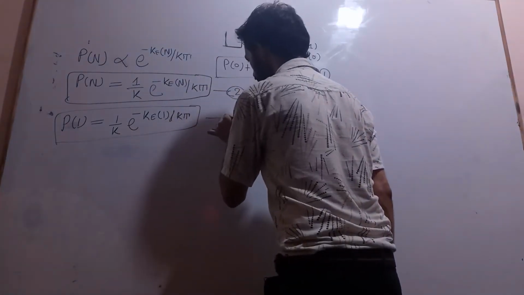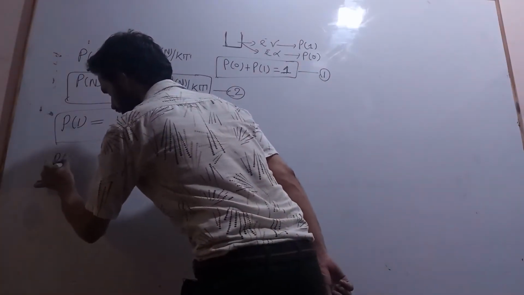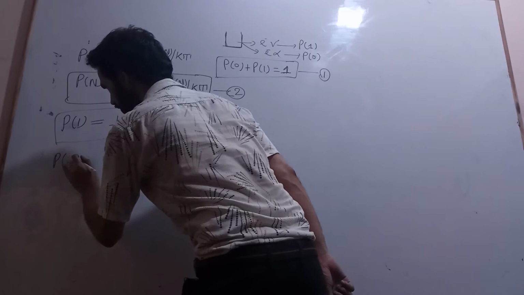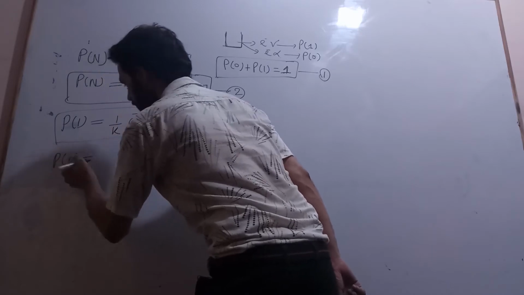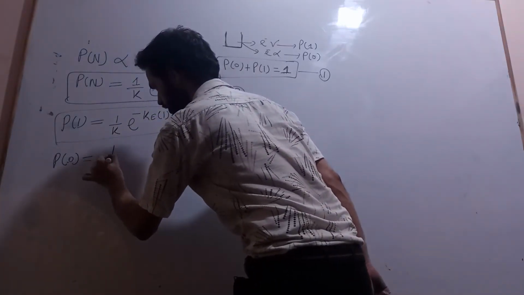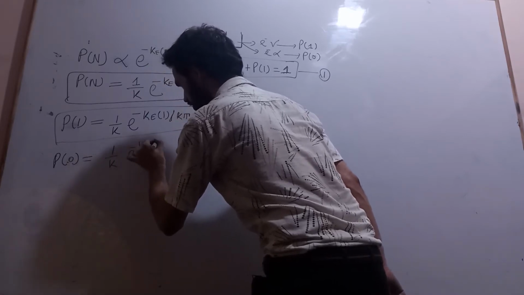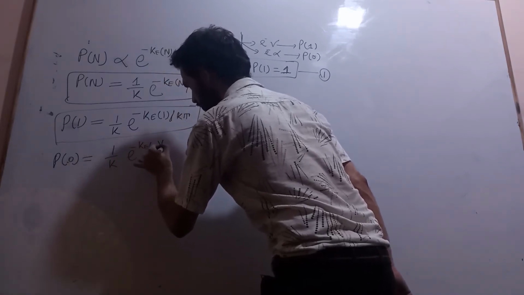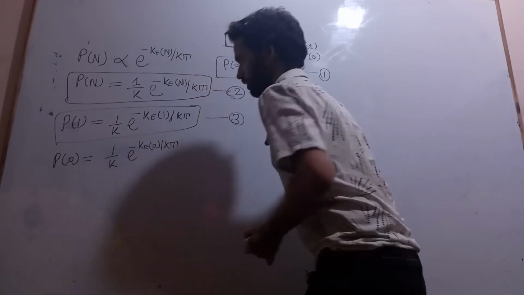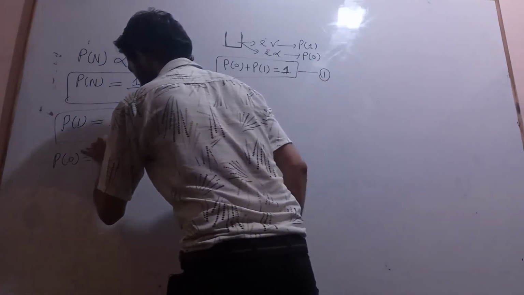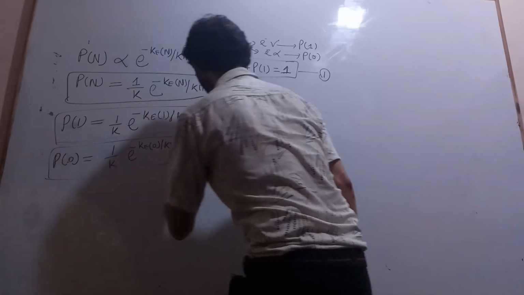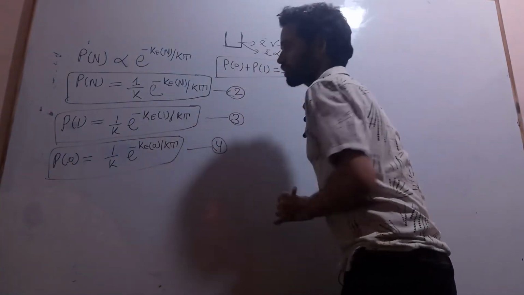This is my equation number 3. Now the probability that the particular quantum state is not occupied by an electron is p of 0, that is 1 by k e to the power minus ke of 0 divided by kt. This is my equation number 4.